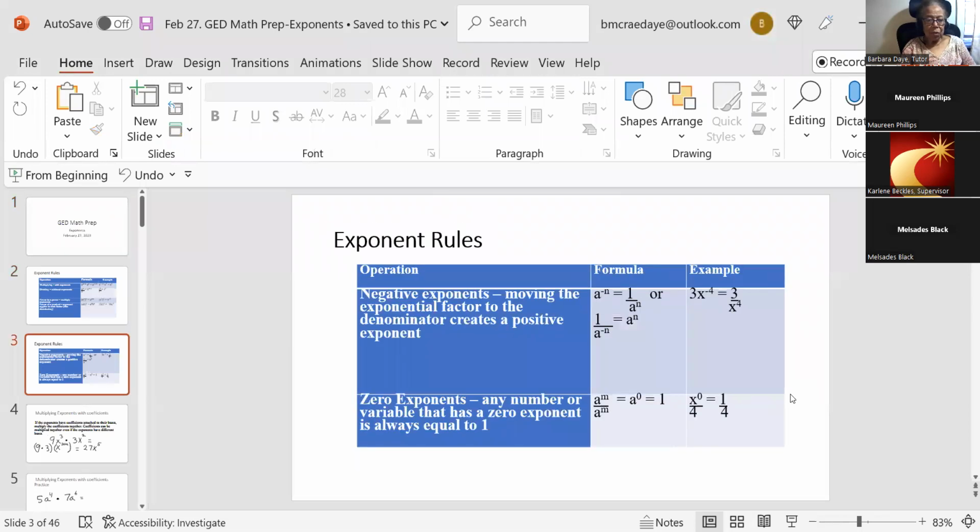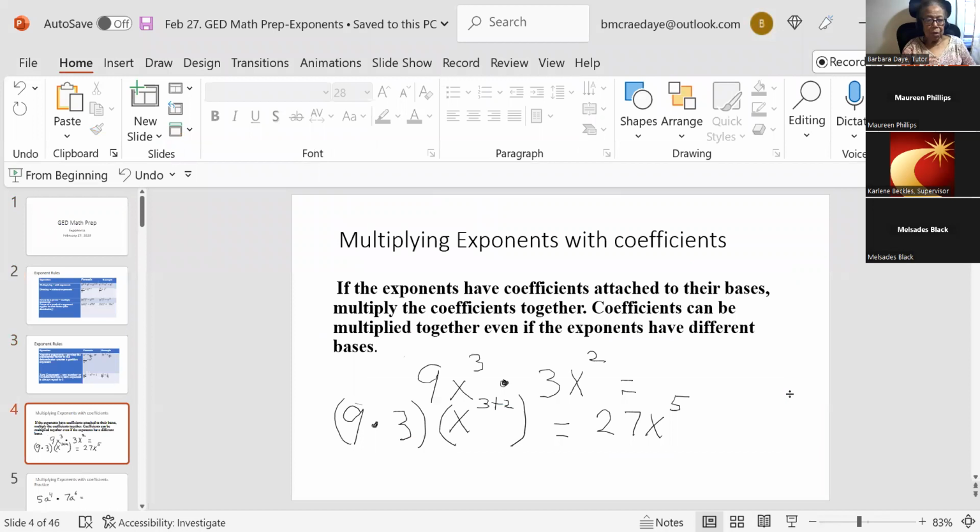Well, let's go. We've gone through multiplying with coefficients, just to review here. Maureen, what do you see on the screen? If the exponents have a coefficient attached to their base, multiply the coefficients together.